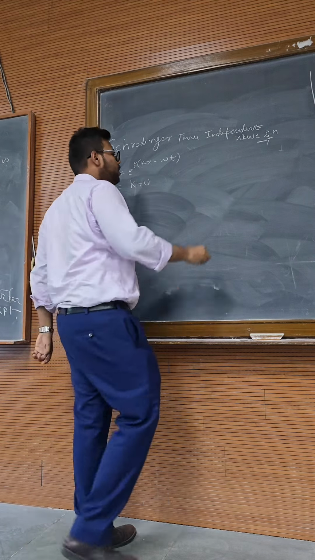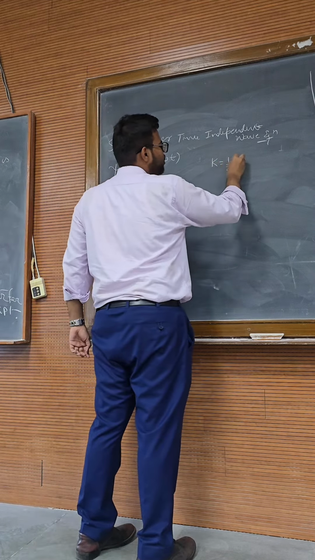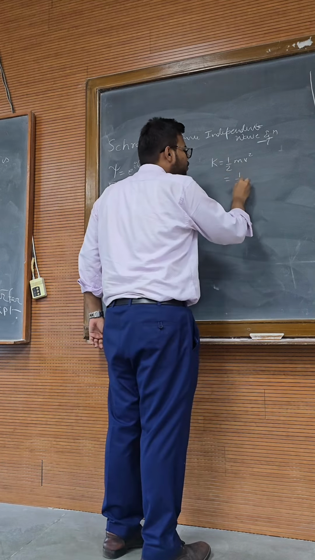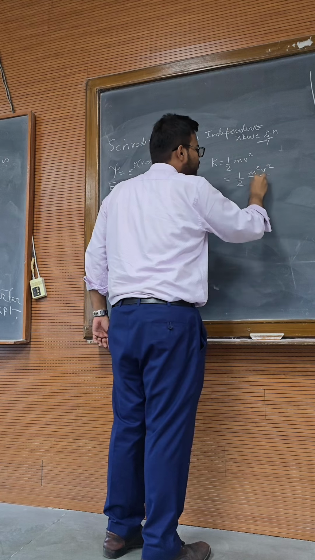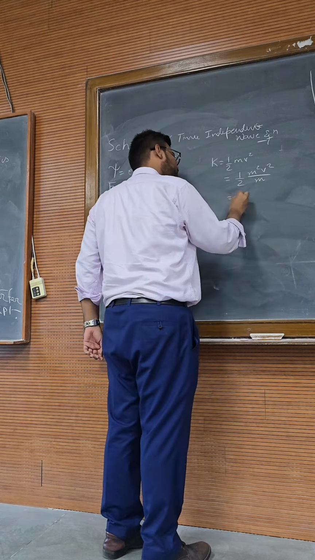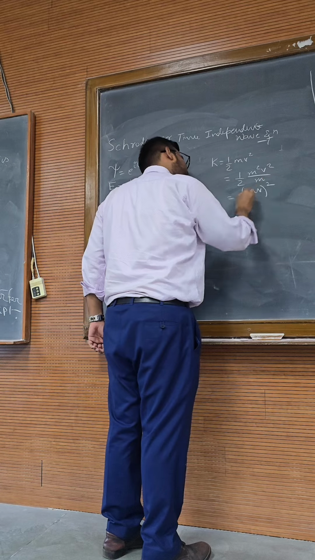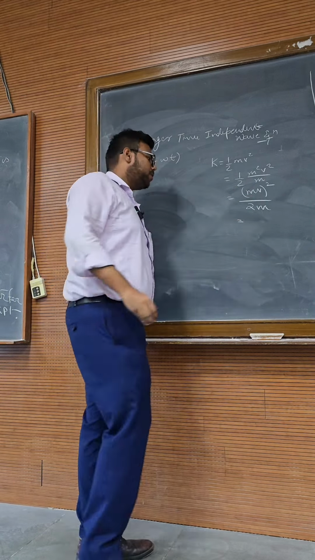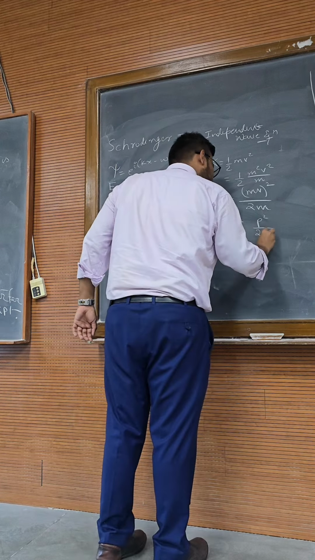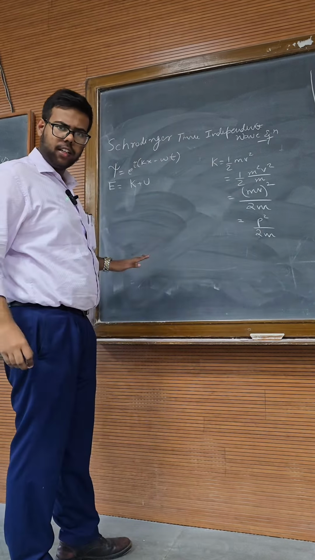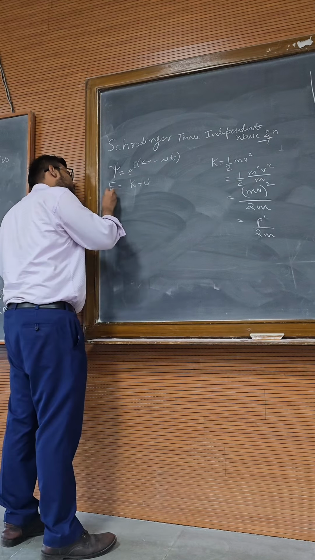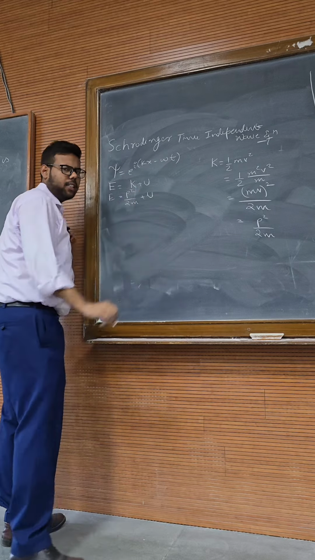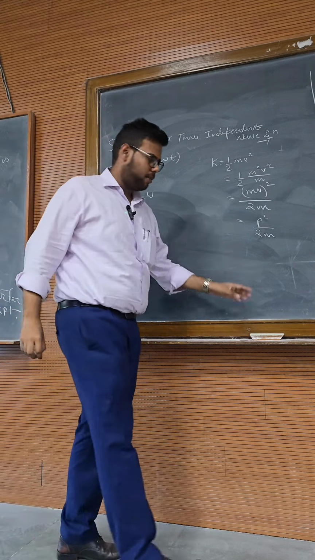You know that kinetic energy is equal to half mv square, you can write it as half of m square v square by m, so you get mv whole square by 2m. What is mv? mv is the momentum, so it is equal to p square by 2m. Clear till here? So we get E is equal to p square by 2m plus U.